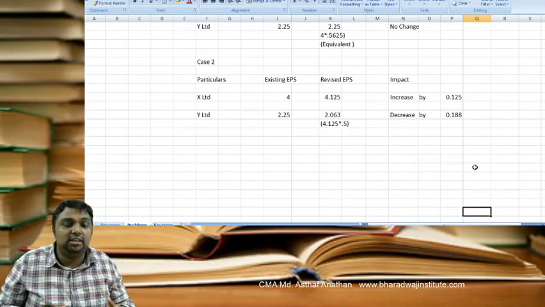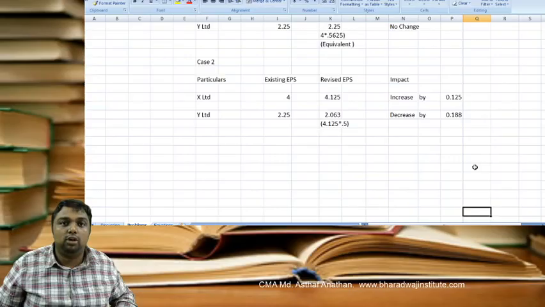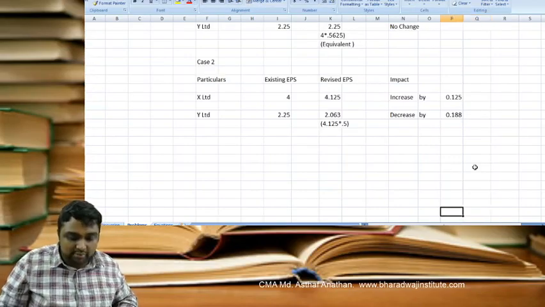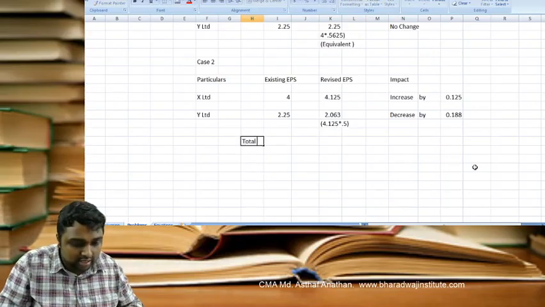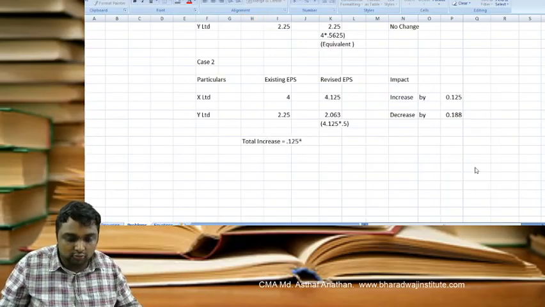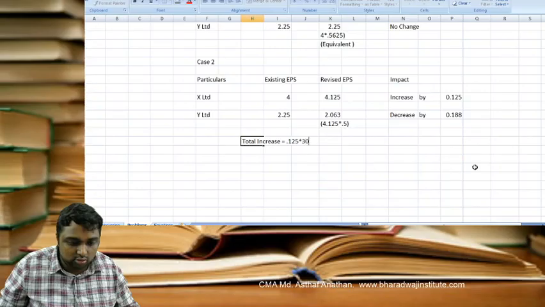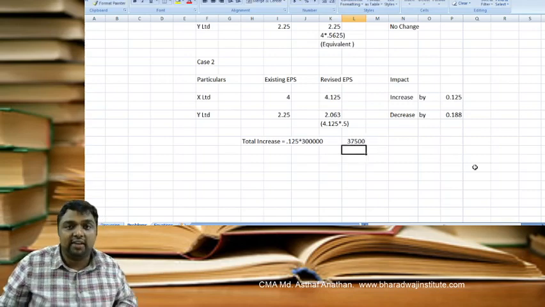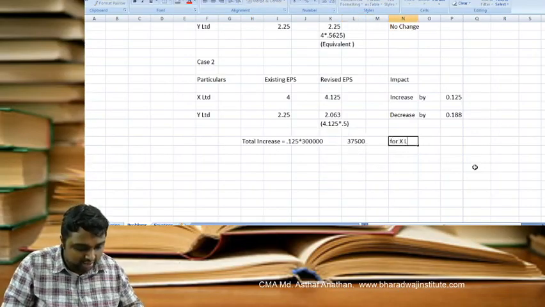But some of the friends will be thinking, sir, if X increased by 0.125, Y Limited should decrease by 0.125 only, no? Why is it coming 0.88? For their benefit, I am telling. See, listen here. This is not part of the exam answer, but I am telling. What is the total increase? 0.125 into how many shares you have? You have 3 lakh shares. So now listen here. 0.125 you are getting as benefit. For 3 lakh shares you will get 37,500. That means the total increase is 37,500 for X Limited.